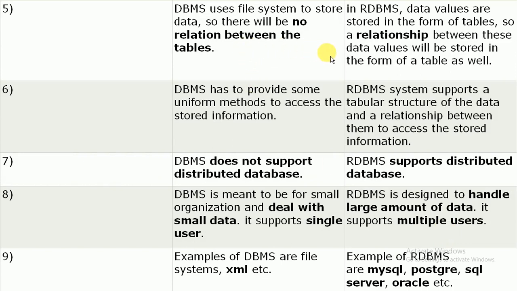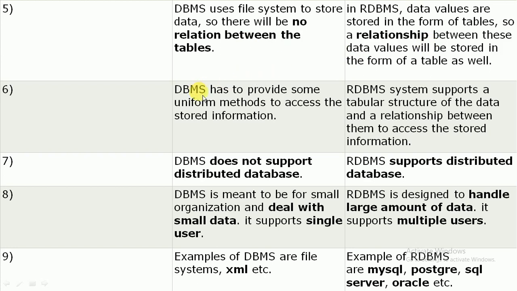DBMS uses file system to store data, so there will be no relation between the tables. And in RDBMS, data values are stored in the form of tables, so the relation between these data values will be stored in the form of tables as well. In DBMS there is no relation between the data, but in the RDBMS there is a relation.